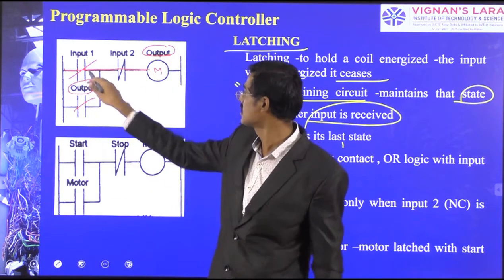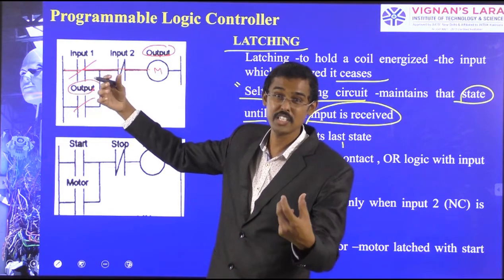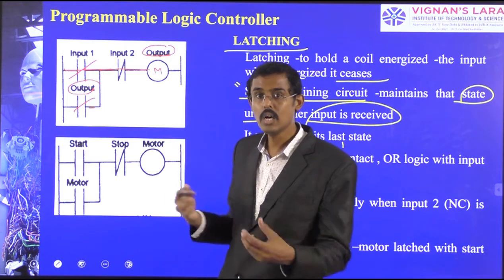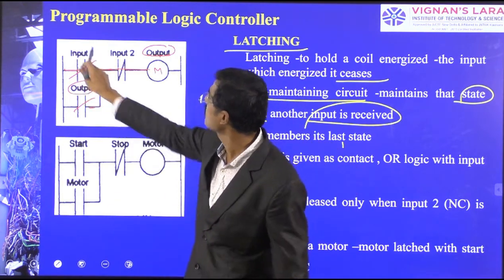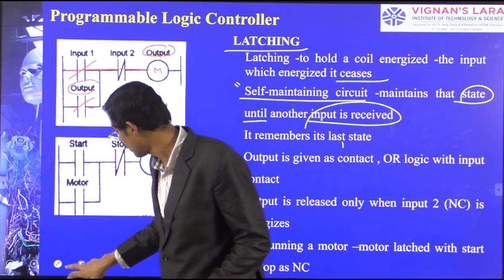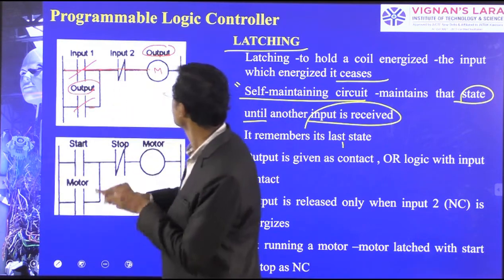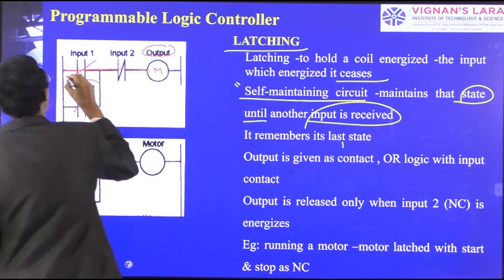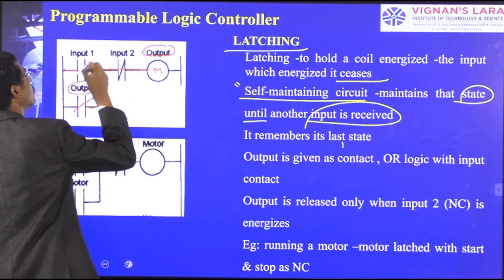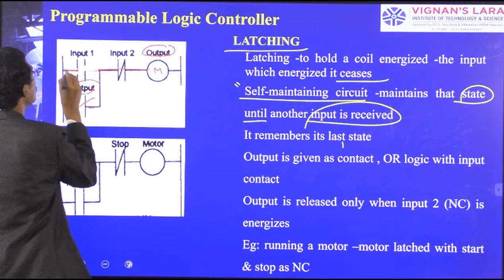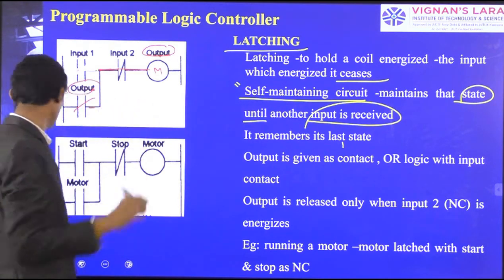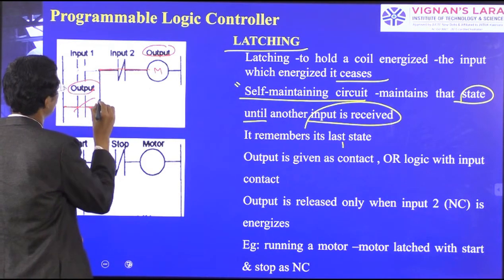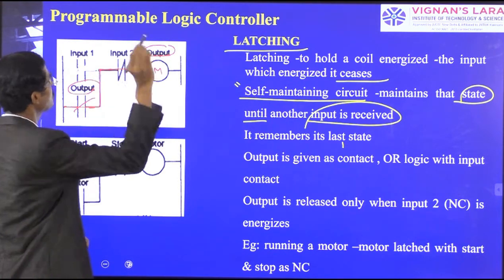Now this is a parallel OR function. So this connection is in the latch and it goes here. Now I am removing input 1. You see, even though I am removing input 1, the connections are moving from here to the motor.